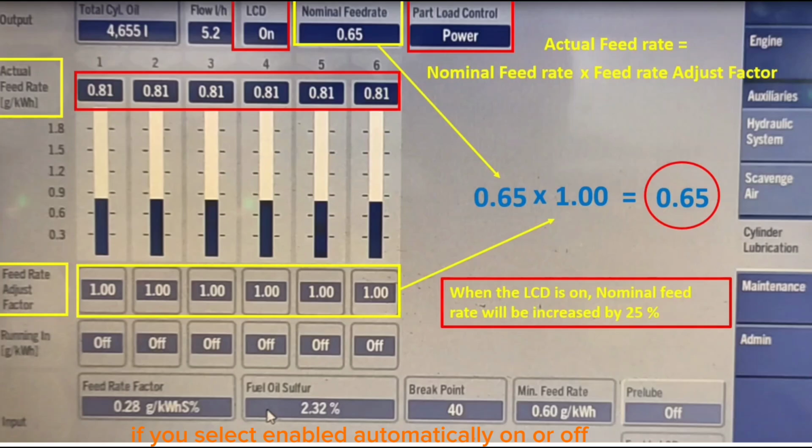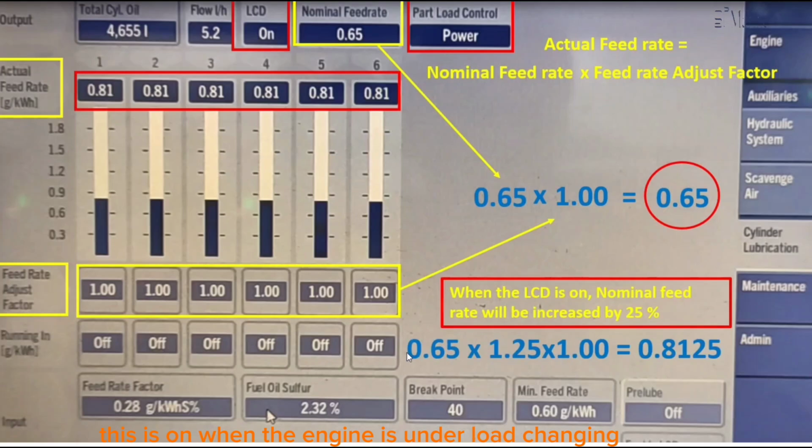It is on when the engine is under load changing, for example under maneuvering or adjusting of RPM. When the load is still not stable, the LCD will be on. However, if you disable this function, the LCD is always off.